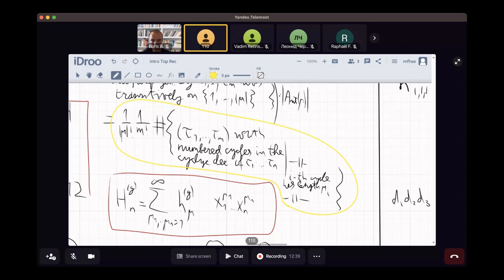So let's first try to see this on some example. Recall that we have this example here, where, yeah, where was it? Yes. So this example, this covering, z to z squared, right? This function, this covering.